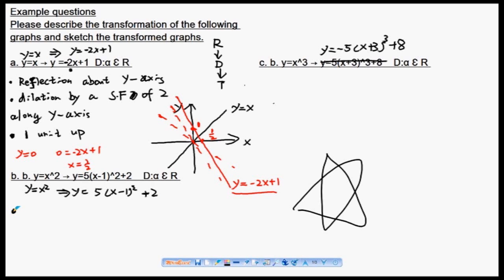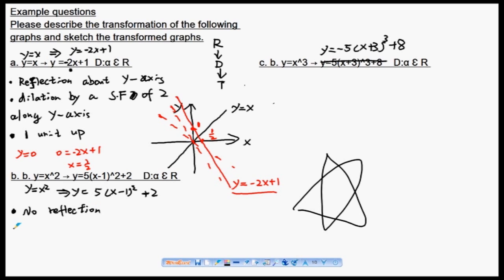Step 1 is to describe the reflection. Looking at the equation, I don't see a minus number in front of any function there, so there is no reflection here.